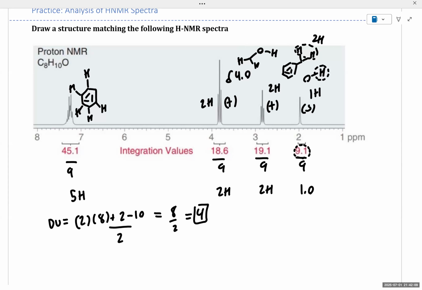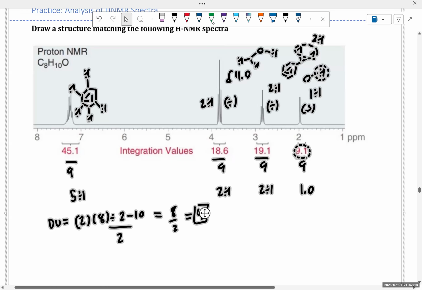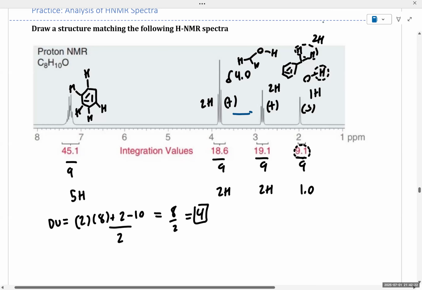Now, because we have a pair of triplets, that suggests that these 2 protons are adjacent.